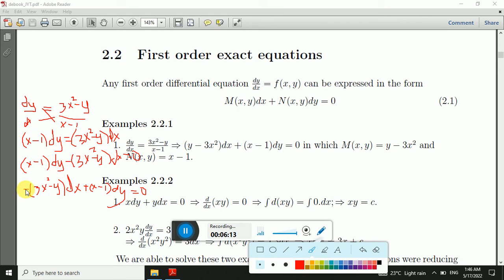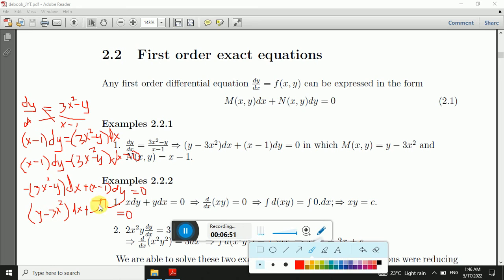But now we don't want to deal with the negative. Let's make this negative enter the brackets. When the negative enters the brackets, negative times negative y will be positive. So we shall end up with (y minus 3x squared) dx plus (x minus 1) dy equaling 0.